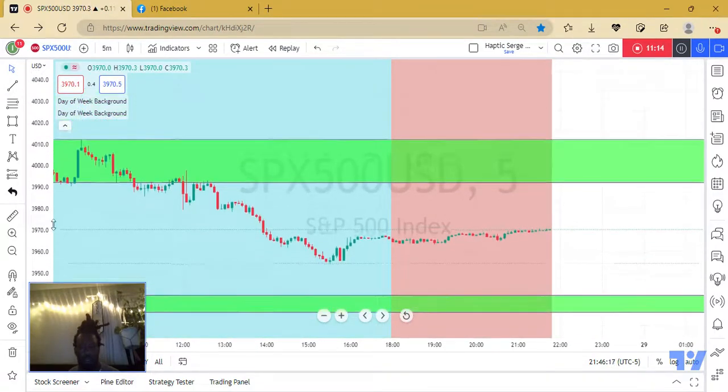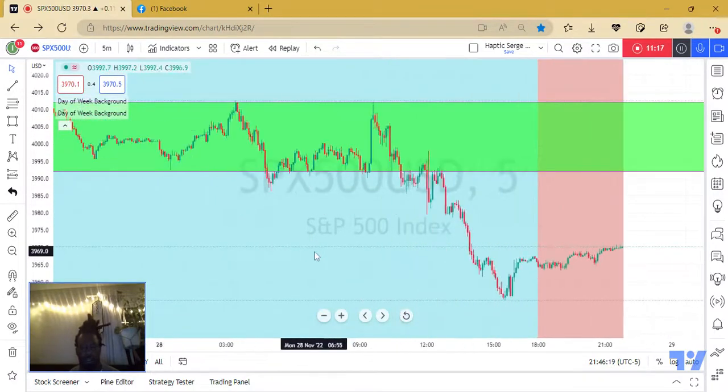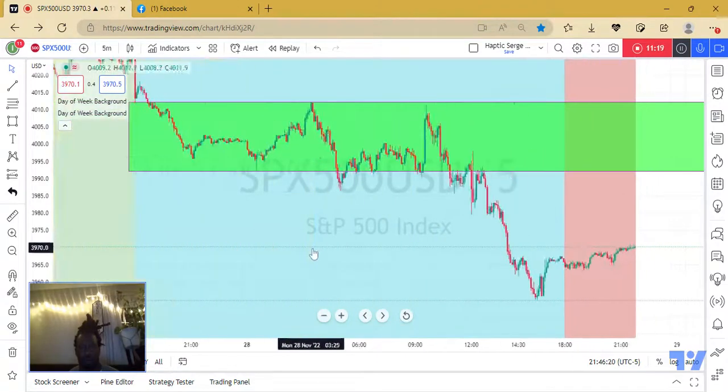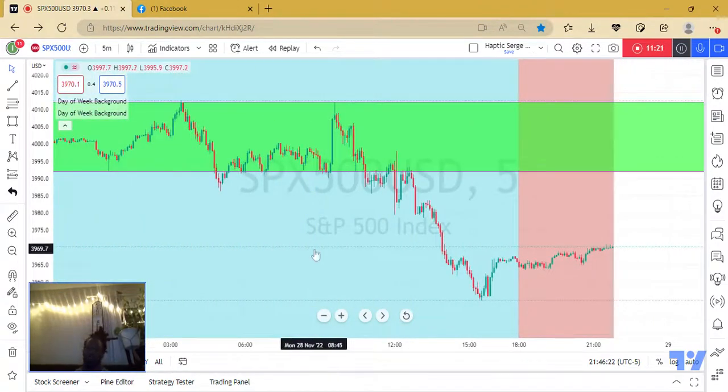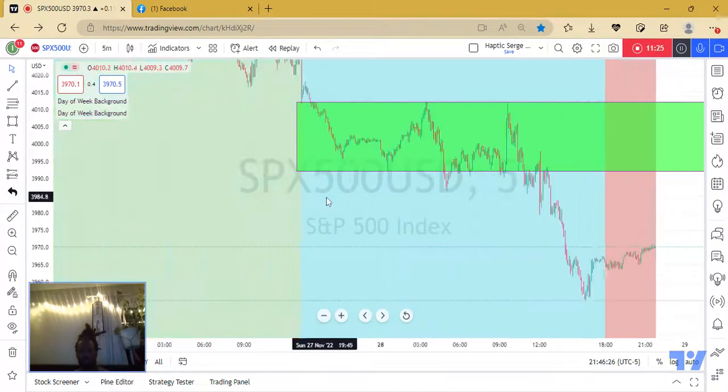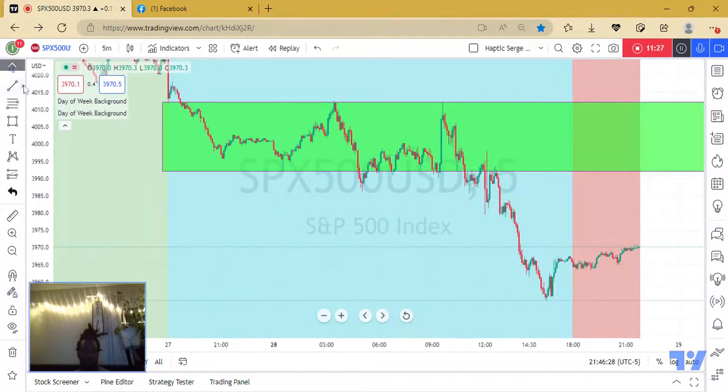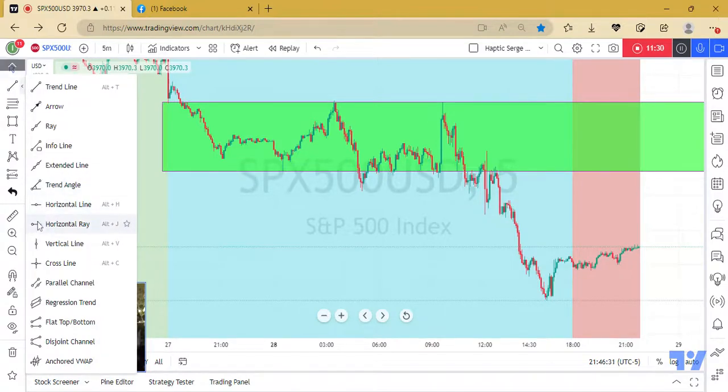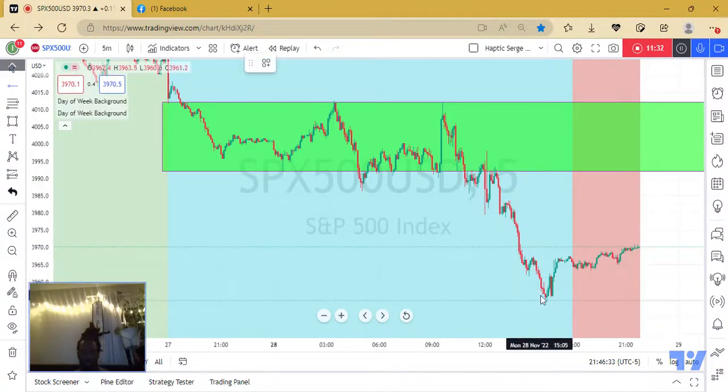So these boxes, one thing about the market, what it likes is highs and lows. Previous days highs, previous days lows. Right now, the previous day low is right there. That's how the market gets momentum, breaking lows or breaking highs.